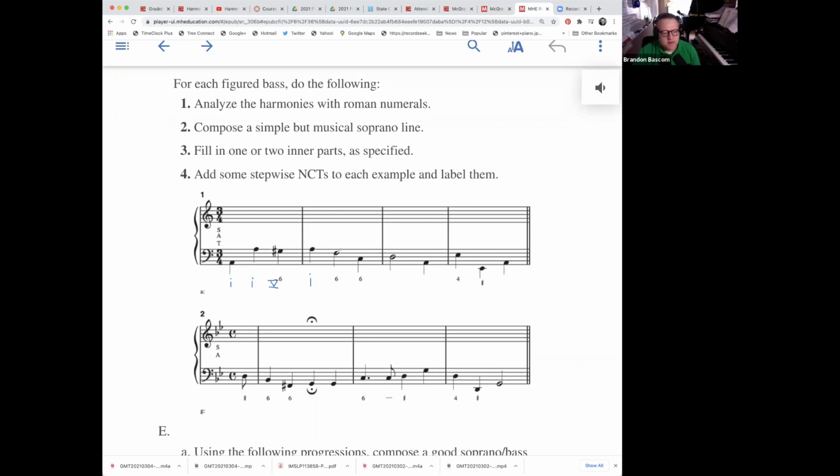Next, if we have an F and a 6, we know that the root is D. Which makes this be a 4 or 6. 4. It's got to be a 4, right? Yeah. 1 6. 4. 1. So is this a 5 with a 4-3 suspension?